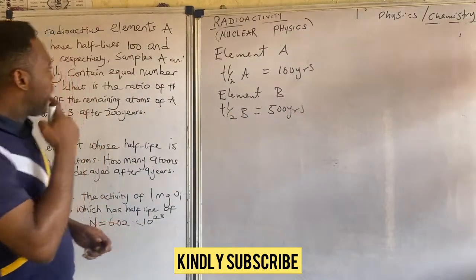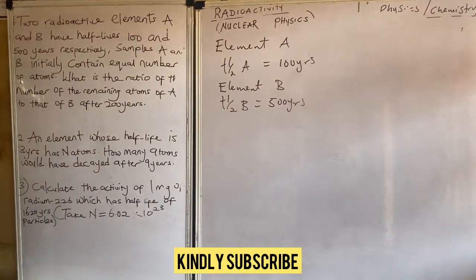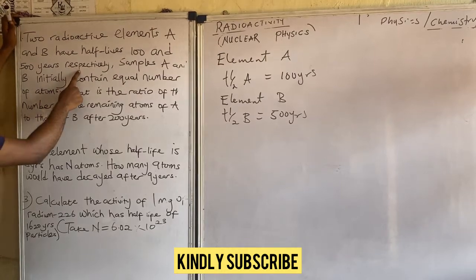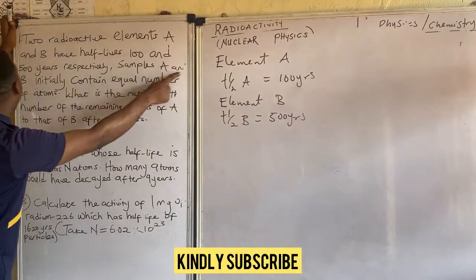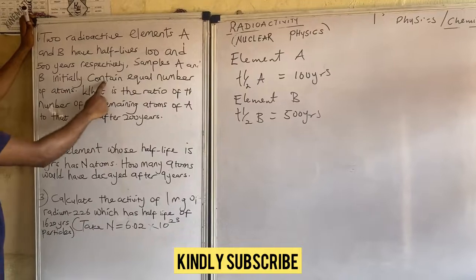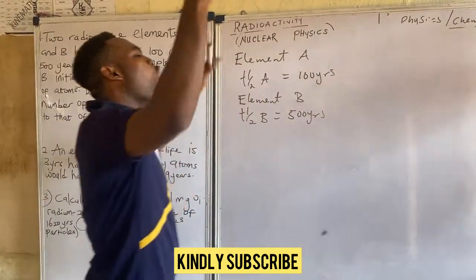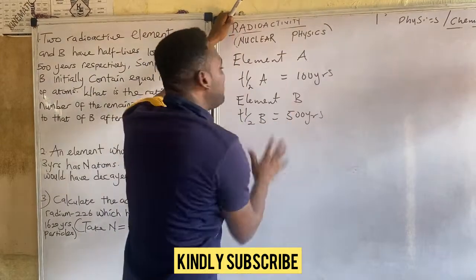What did the examiner say I should find? They said 100 and 500 years respectively. Samples A and B initially contain an equal number of atoms, meaning the original value of the two is the same.